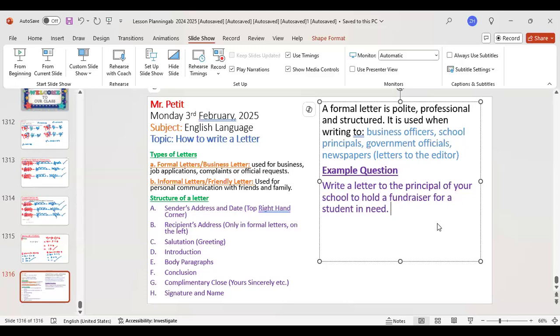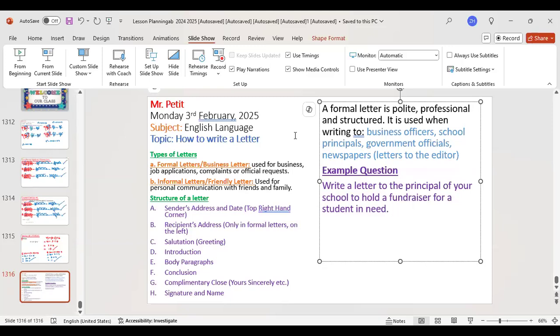So that would be an example of a formal letter question, right? Use it for business officers, school, stuff like that.